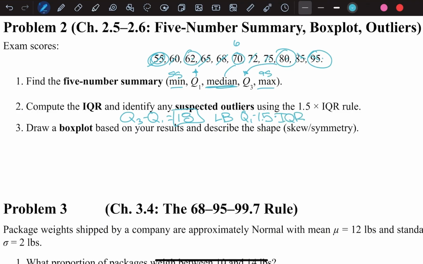If we plug our numbers in, this equals 35. Now we do the same thing for our upper bound, but with Q3, which is the right side of our box plot: Q3 plus 1.5 times IQR, and this equals 107.